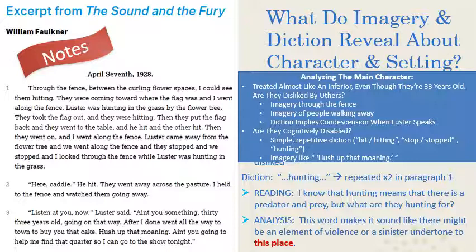So we learn that they're 33 down in that paragraph 3. But this fully grown adult is still being treated as an inferior, right?